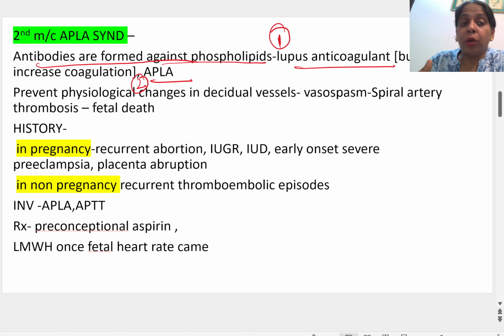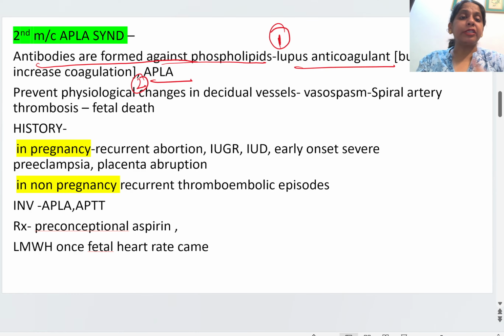So now, when these antibodies are there, the tunica media cannot be removed by the extravillous trophoblast. Now there will be vasospasm, and in the spiral arteries there will be thrombosis, because as I already told you, in this APLA syndrome a lot of thrombosis is occurring. So as a consequence of all this, fetal deaths occur.